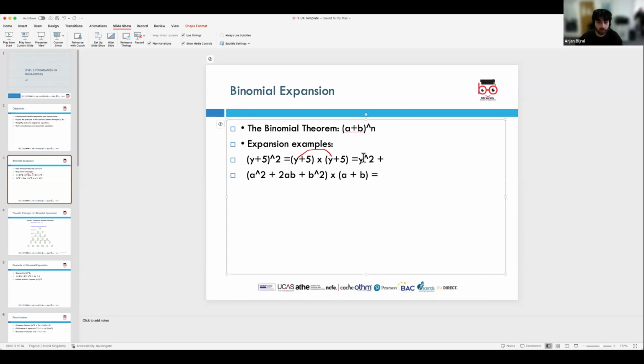And then I'm going to do y times 5, which is 5y. It's the same thing, but you normally put the number first, because it's like the number of something, like 5 bananas, whatever. Once we've done y times y and then y times 5, what do we do next?